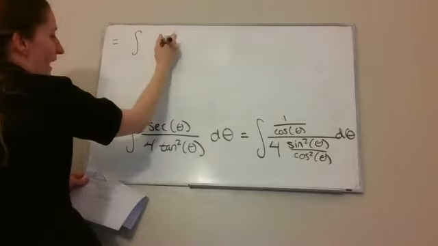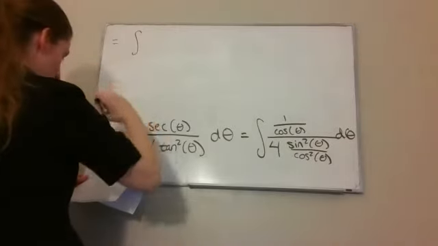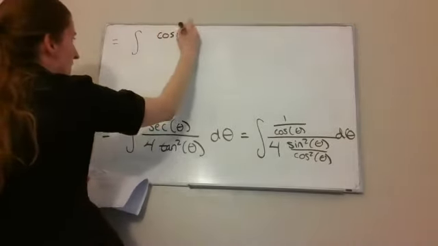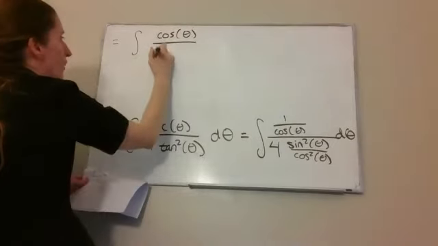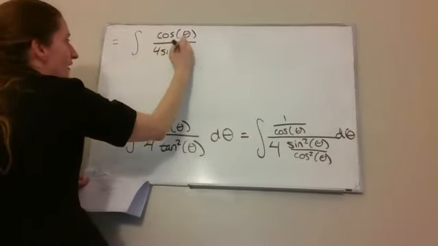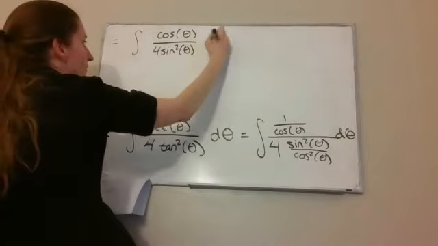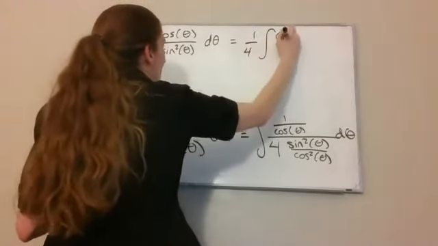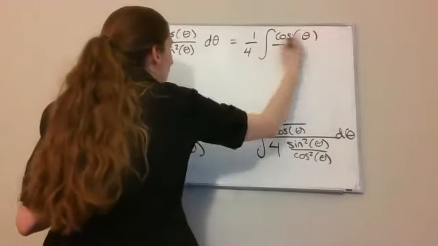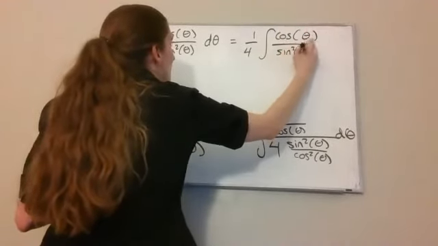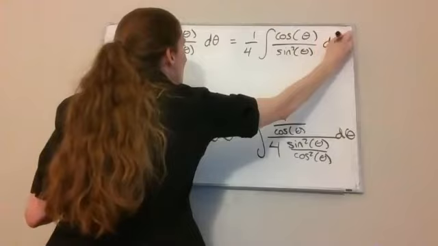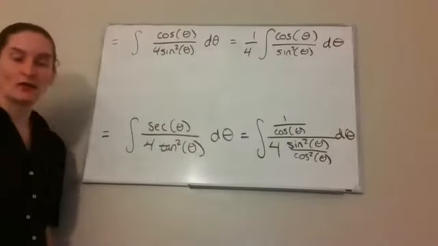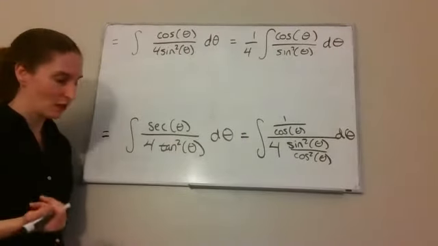I'm going to have a cosine on the top and 4 sine squared theta on the bottom. And I'm going to go ahead and pull that 1/4 outside because I know that a lot of you prefer it that way. And there we go. Now we're finally ready to get this integrated.